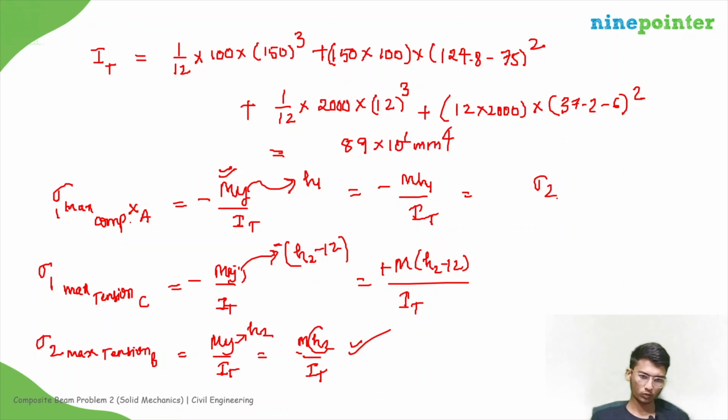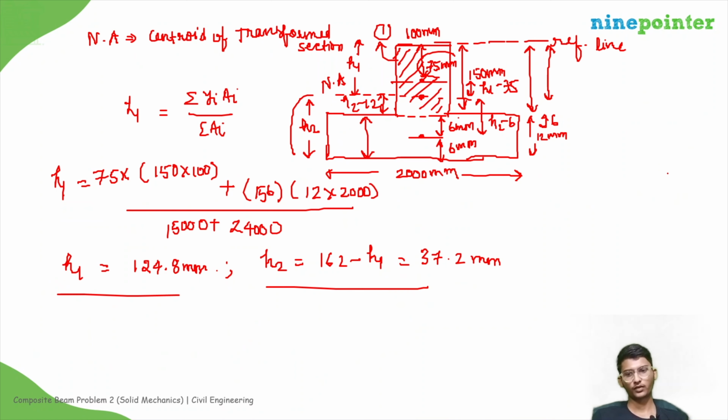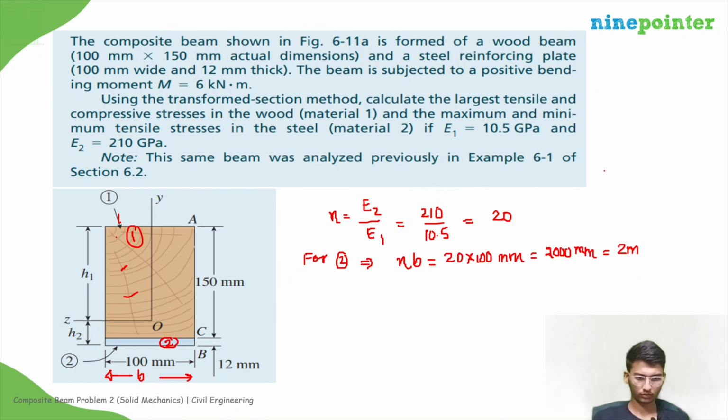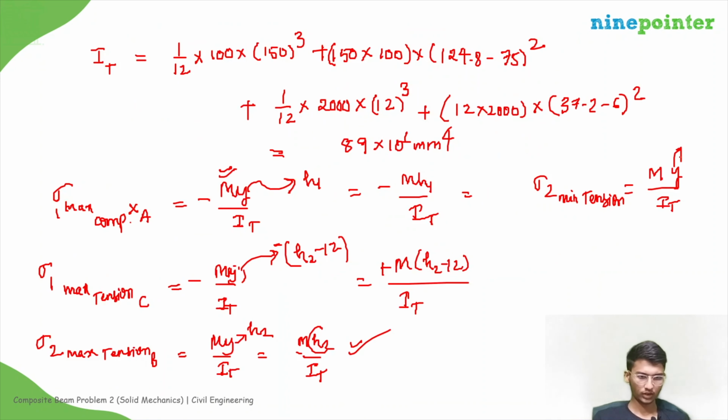And sigma 2 minimum tension will be equal to M into y by I. So this y, that will be at contact plane, right? So that will be h2 minus 12. Did we make a mistake in any step?